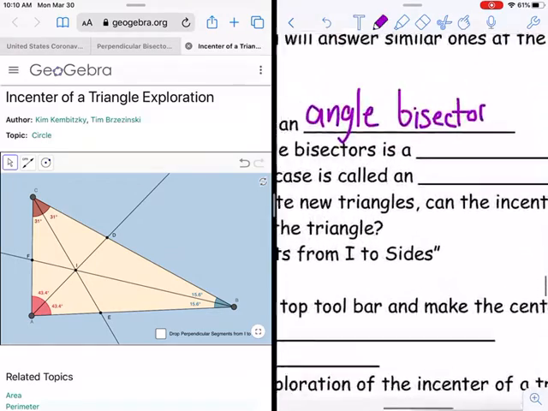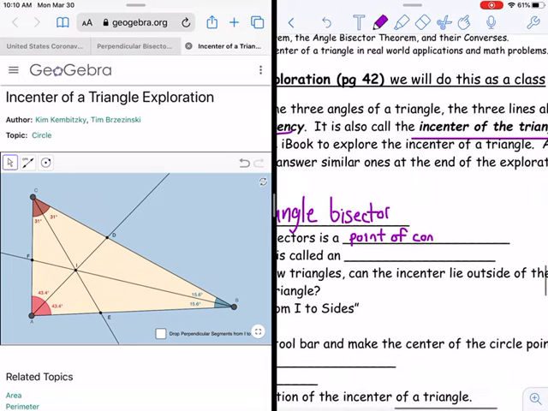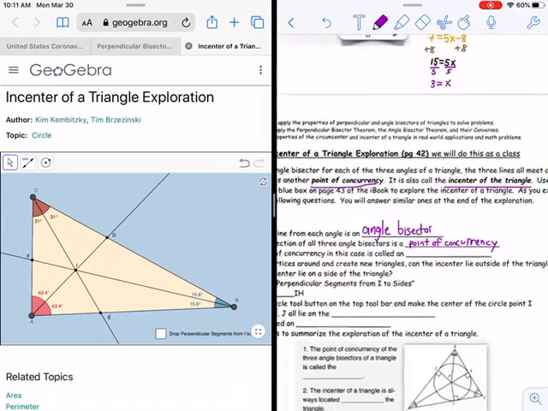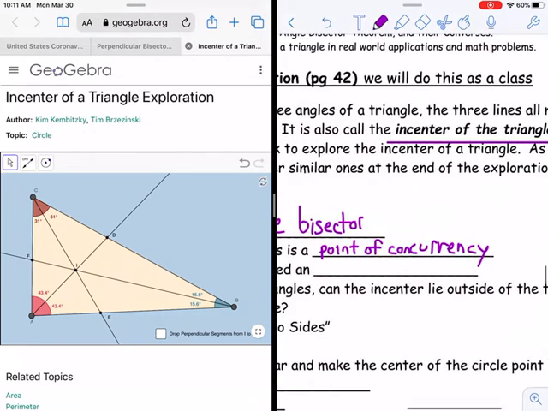The intersection of all three angle bisectors is, I just said this word, a point of concurrency. All right, the point of concurrency in this case is called an incenter.